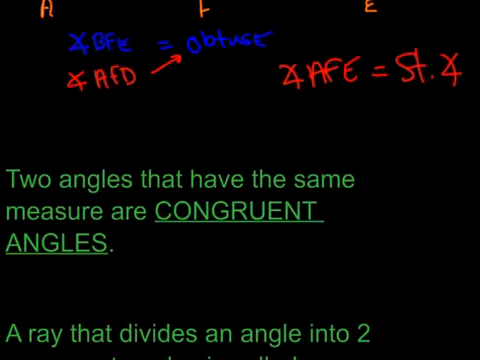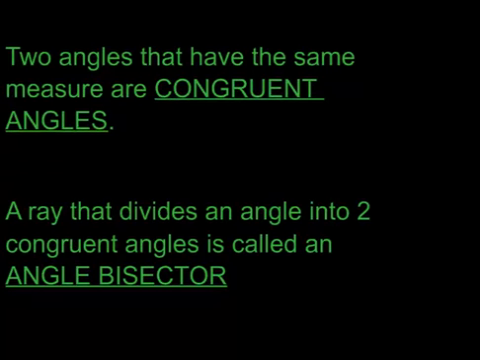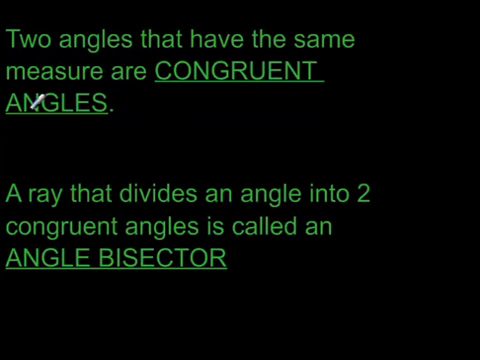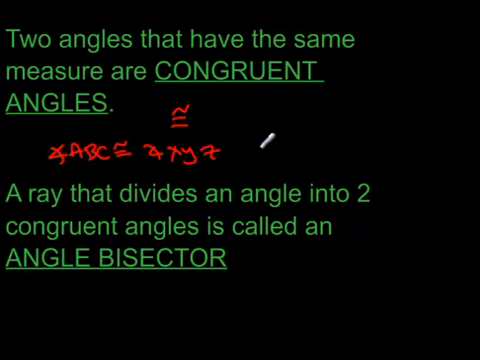A couple more important things to know. 2 angles that have the same measure are congruent angles. We do use the symbol, an equal sign with a little squiggly on top. You'll hear that mentioned a lot. That is what we use for congruent. So if I know that angle ABC is congruent to angle, say, XYZ, then I can conclude their measures are equal.